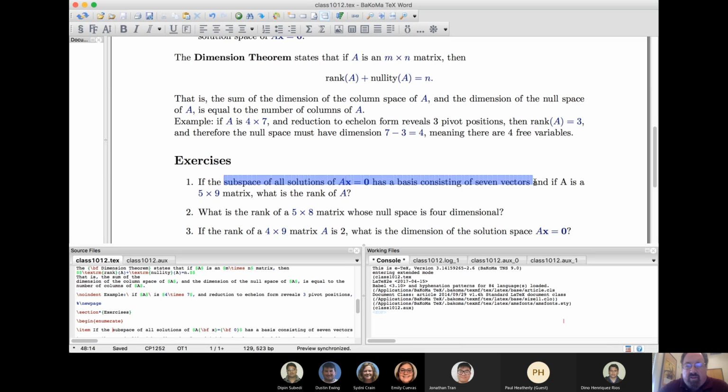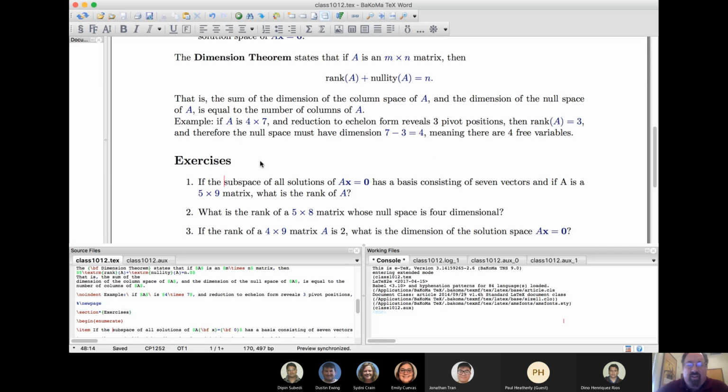This statement here: the subspace of all solutions of Ax equals 0 has a basis consisting of 7 vectors. So what is this statement saying that would actually help us here? Is it saying that nullity is equal to 7?